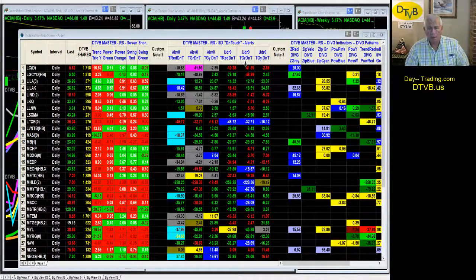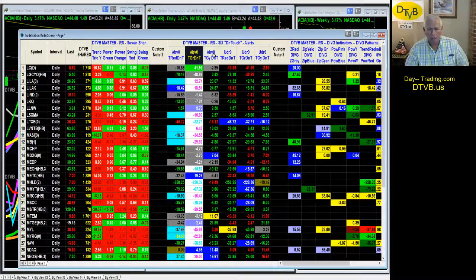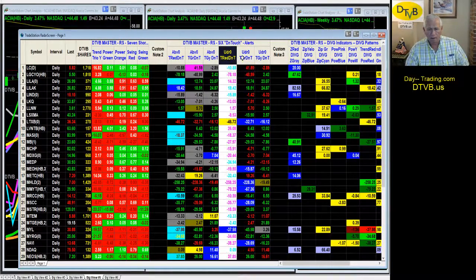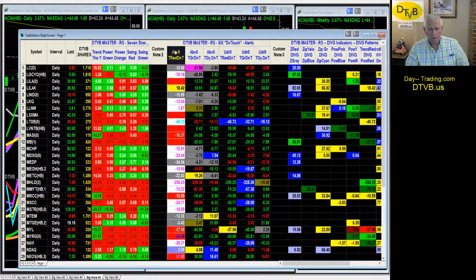I'm going to be talking about a gap up in this case, because I'm dealing with this particular indicator that we built, and it has 6 columns. The first 3 columns are above 0, and the right 3 columns are under 0. For example, over here, this would be trend red down touches, and then we have all those down touches that occur in the above 0 category.